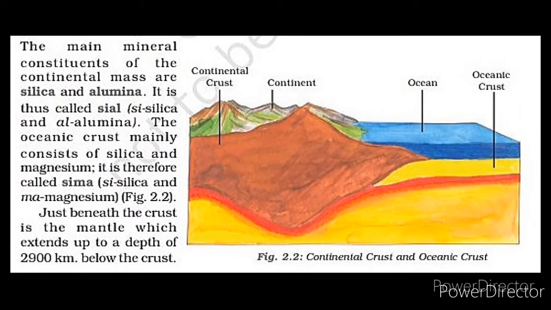Here in the book it is given about the main mineral constituents of the continental mass, which are silica and alumina. It is thus called SiAl, Si for silica and Al for alumina. Then the oceanic crust mainly consists of silica and magnesium, so it is called SiMa, that is Si for silica and Ma for magnesium.